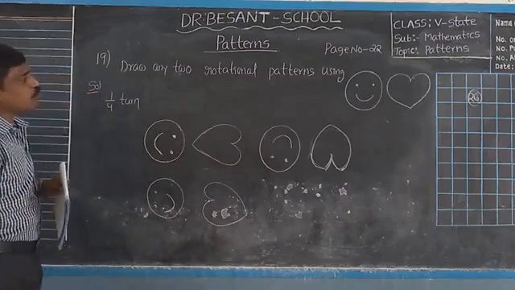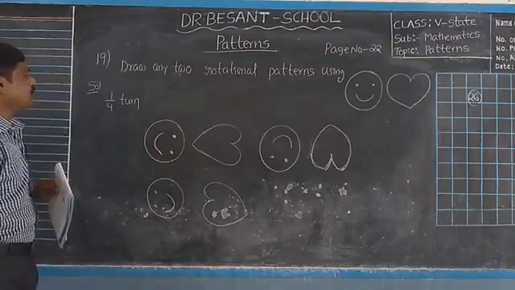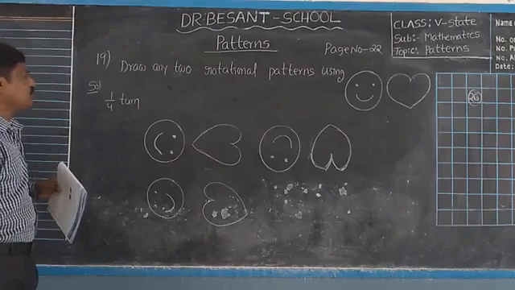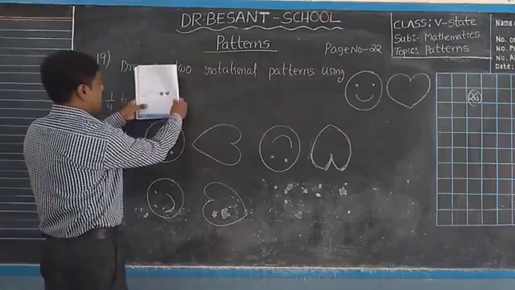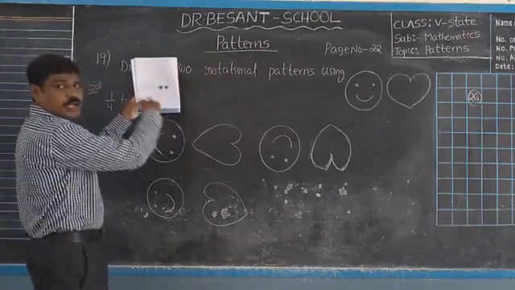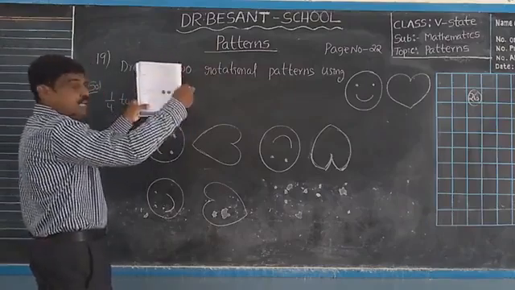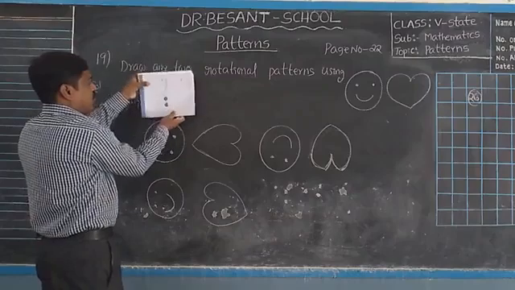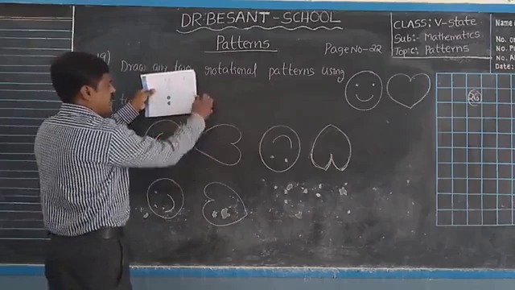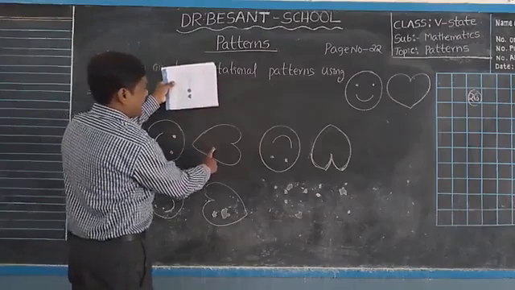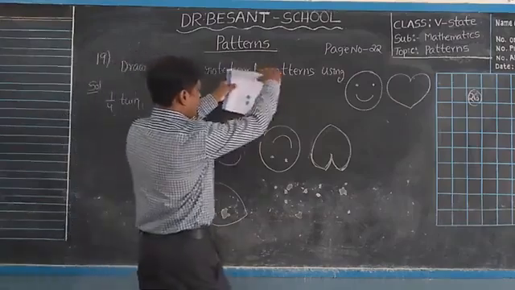See, draw any two rotational patterns using these two shapes. Okay. So first of all, actual position is this one. Okay. Clockwise direction. First 1 by 4 turn. Okay. These two.